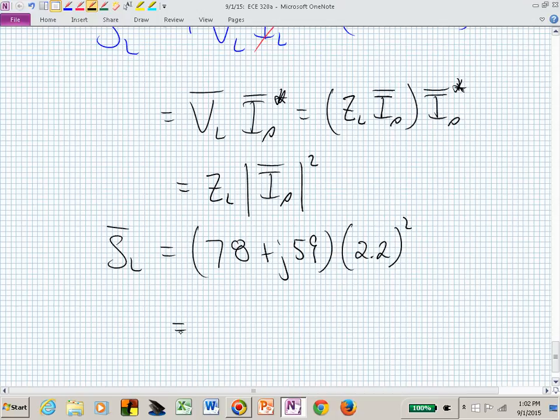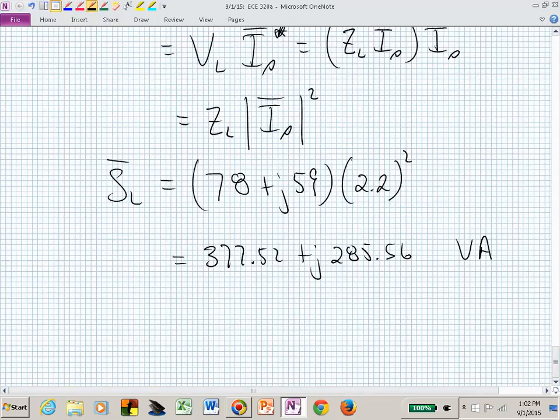So now we're multiplying 78 and 59 by something a little bit bigger than 4, and that ends up being 377.52 plus J 285.56 volt amperes, where this is now the power of the load. This is the reactive power of the load.